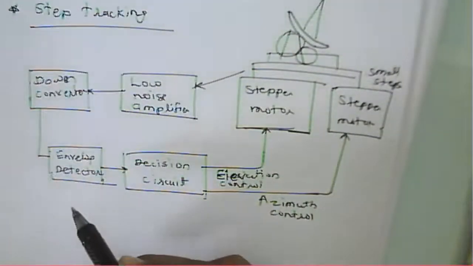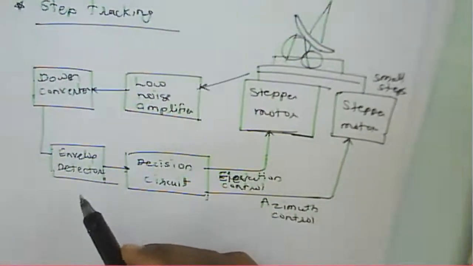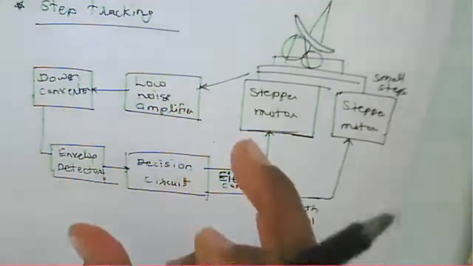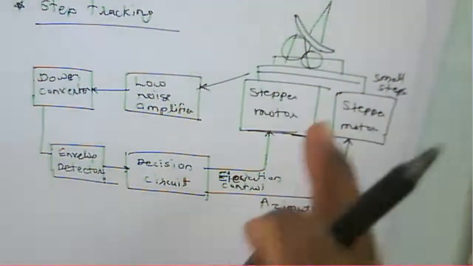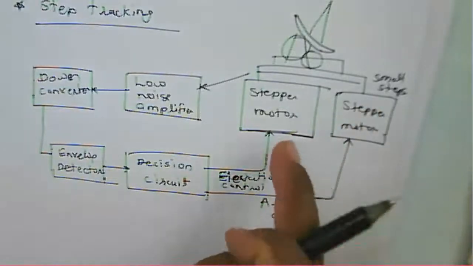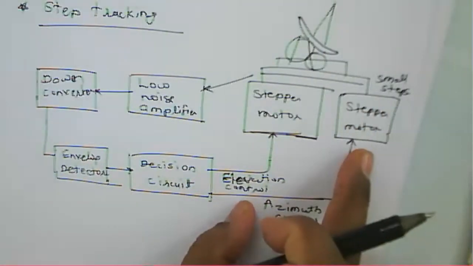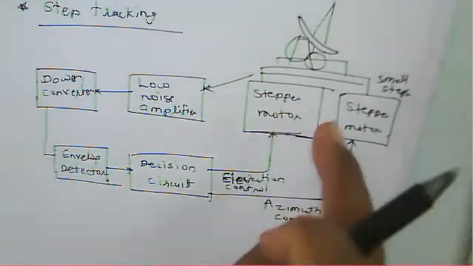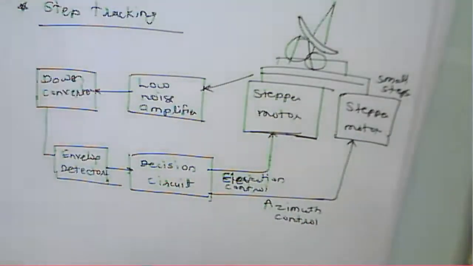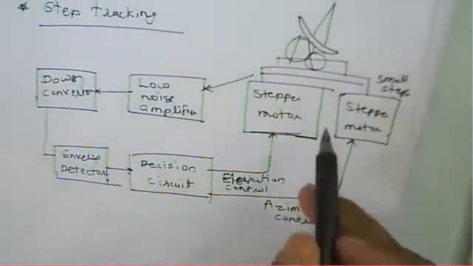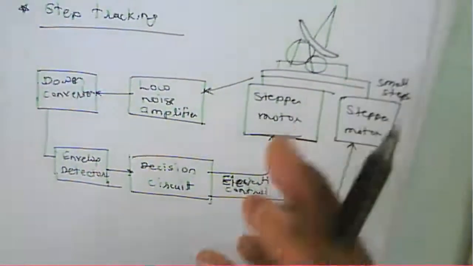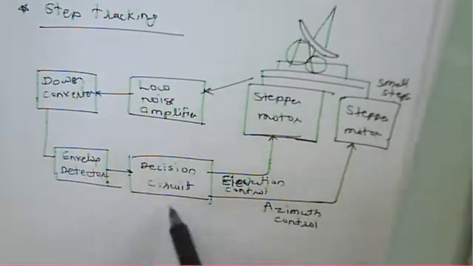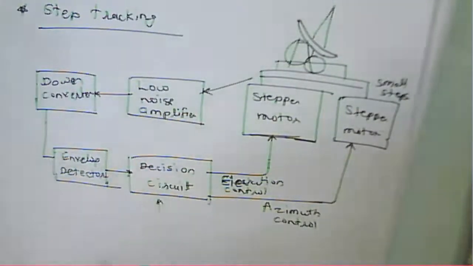According to that difference, if it is higher or lower, we can appropriately generate the elevation or azimuth position there. Using this stepper motor, elevation and azimuth is adjusted according to the input the decision circuit provides.